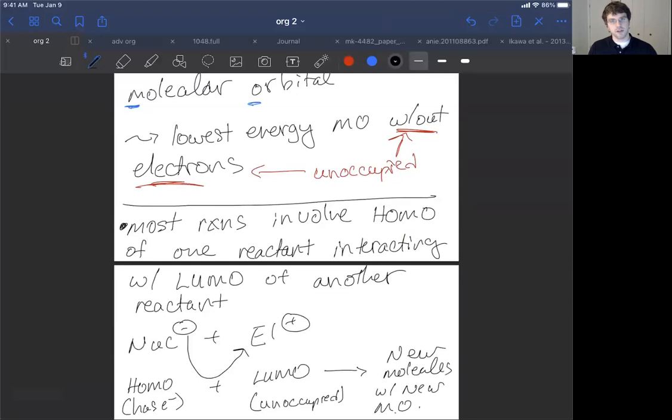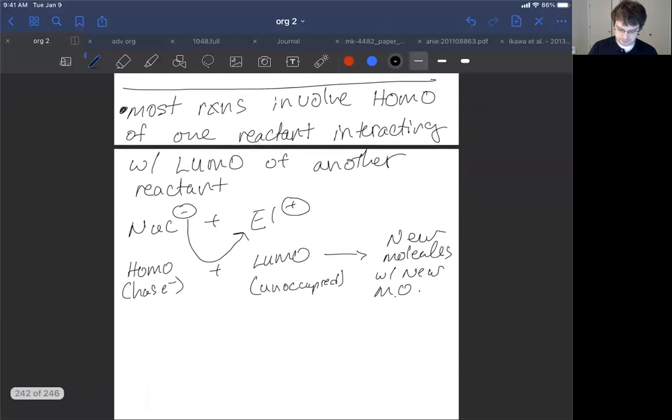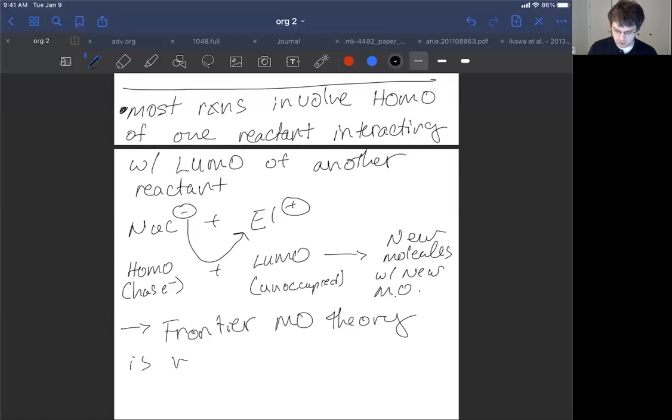We start with molecules and their molecular orbitals interacting with each other to make new molecular orbitals as we make a new molecule. So this is super handy with pi systems. Frontier molecular orbital theory is very helpful with pi systems.